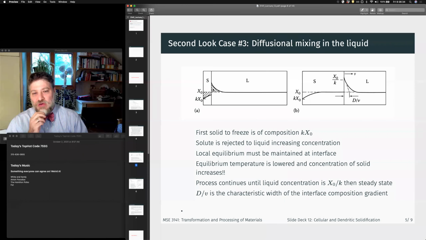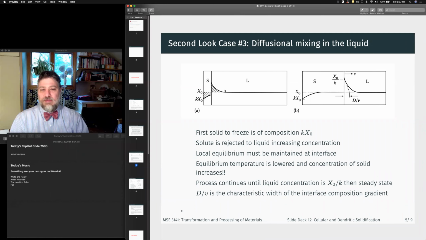Close to the interface, where I have lots of solute, my melting point is lower, so my undercooling is lower. Out here, I have a higher undercooling than here.